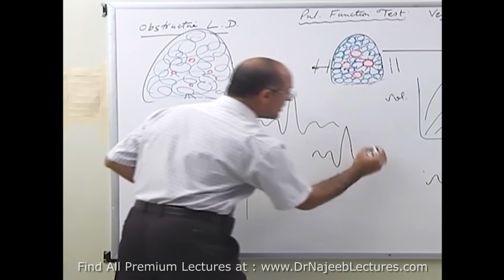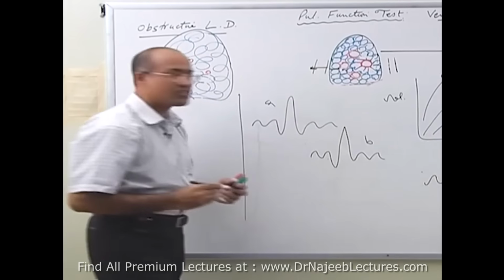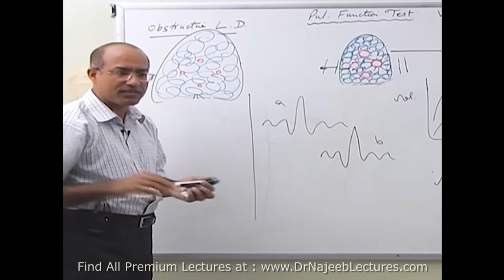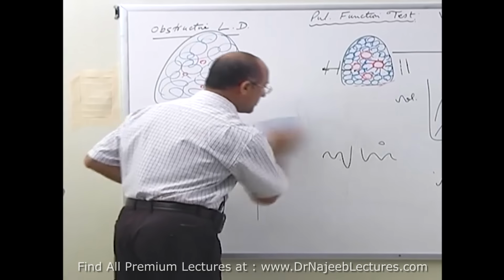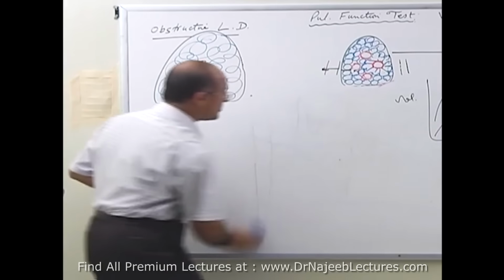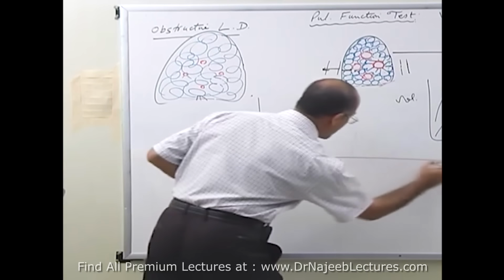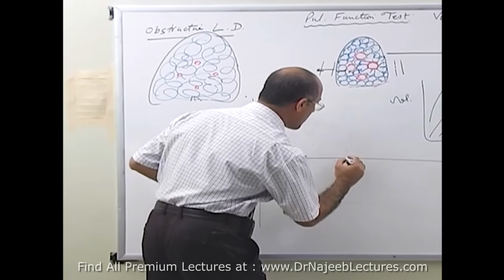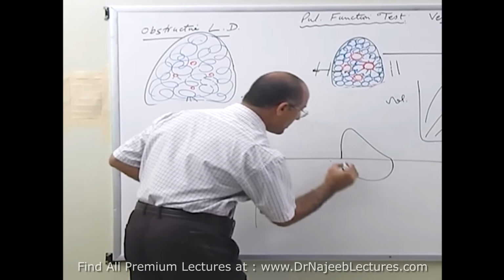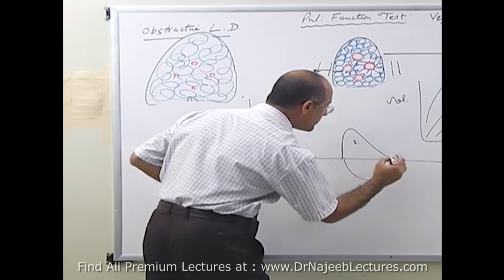A, B, C. Which is restrictive and obstructive? This is pattern number 1.